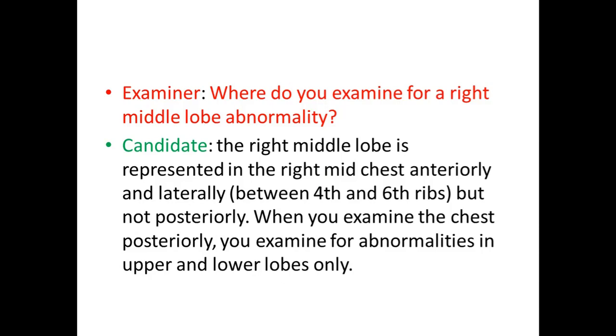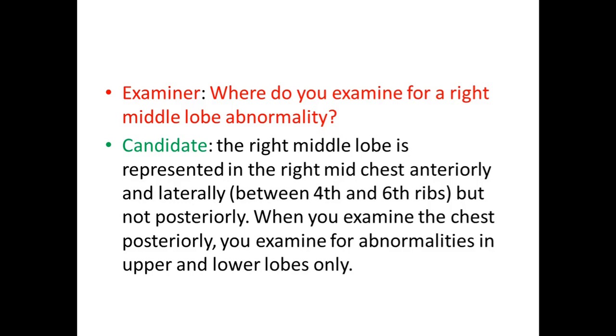So there is a common question: where do you examine for a right middle lobe abnormality? During auscultation and percussion, you should know that the right middle lobe is represented at the right mid chest anteriorly and laterally, between the fourth rib and the sixth rib.